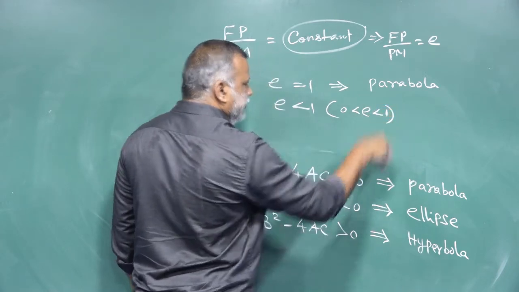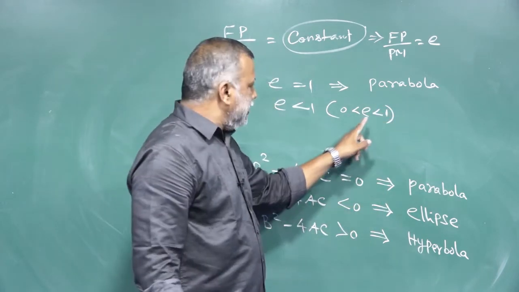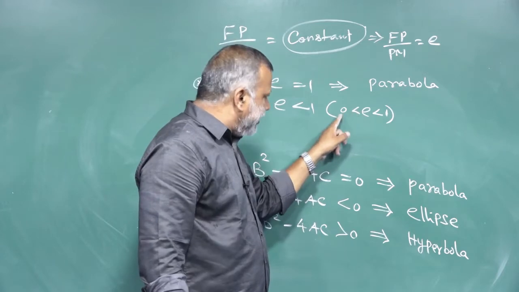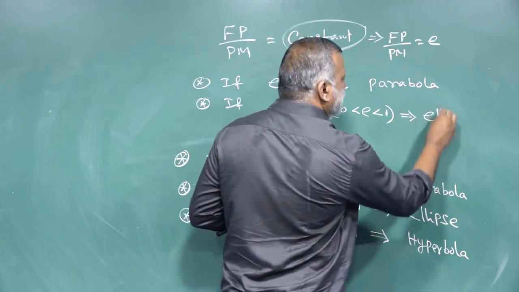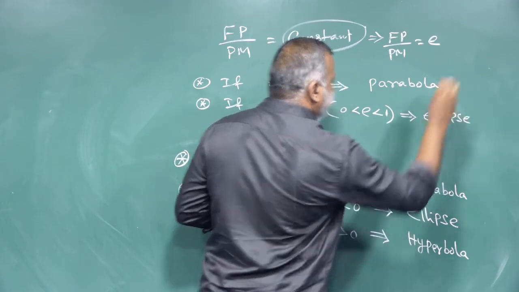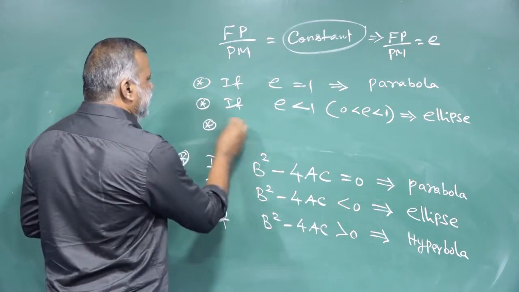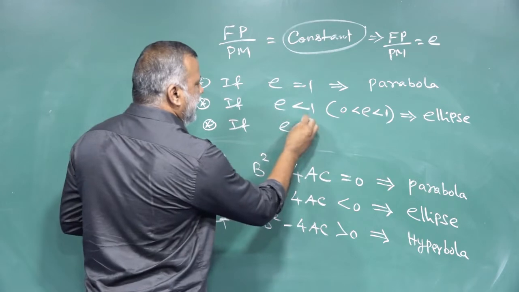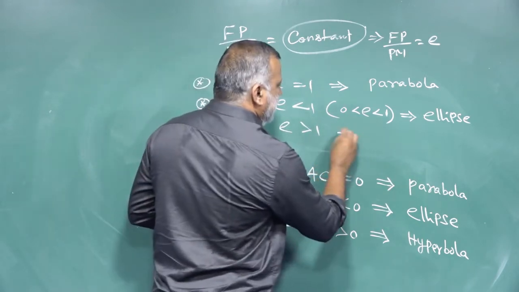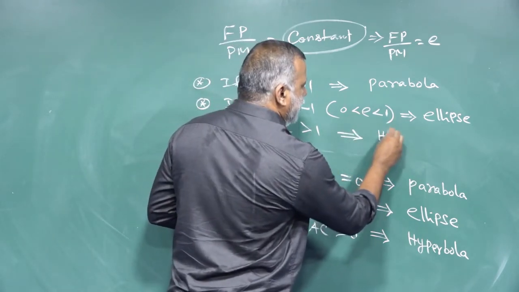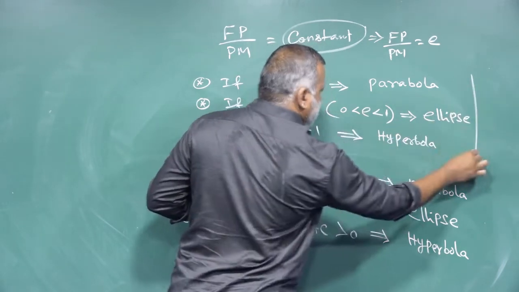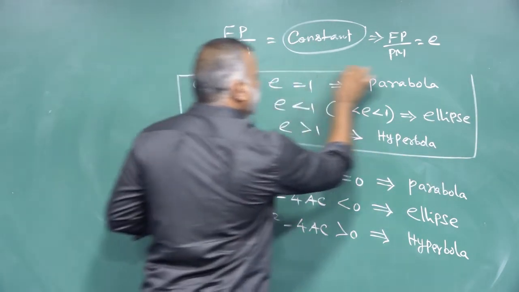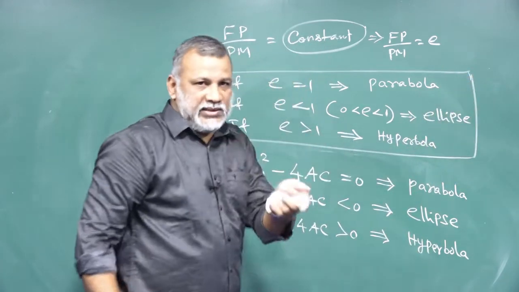That is the logic. e less than 1 means e greater than 0, less than 1. Then it denotes an ellipse. Then the third condition is if e greater than 1, then it denotes hyperbola. So these three concepts are based on the eccentricity.